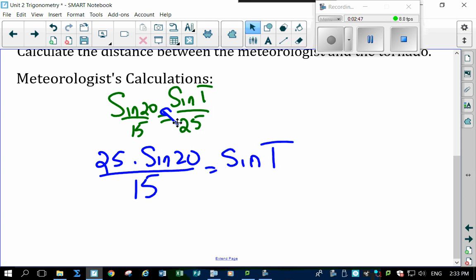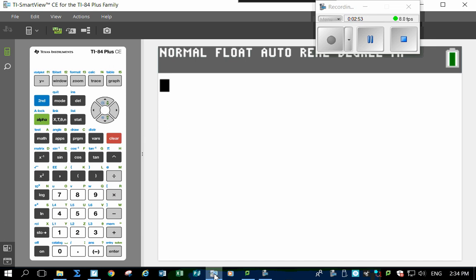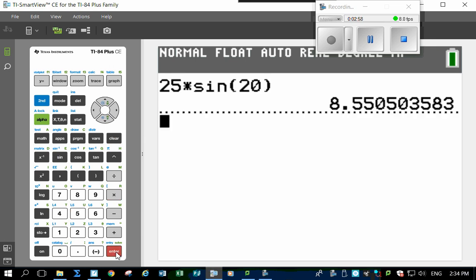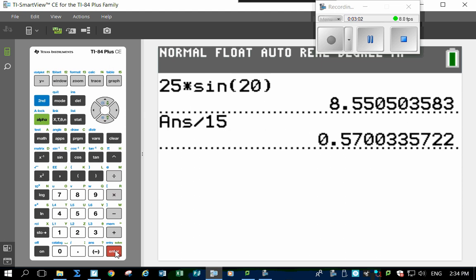All right, so bring up our calculator. We got 25 times sine 20 divided by 15. That gives us a sine of 0.5700 something.